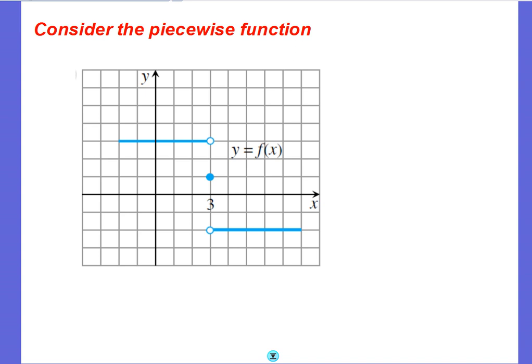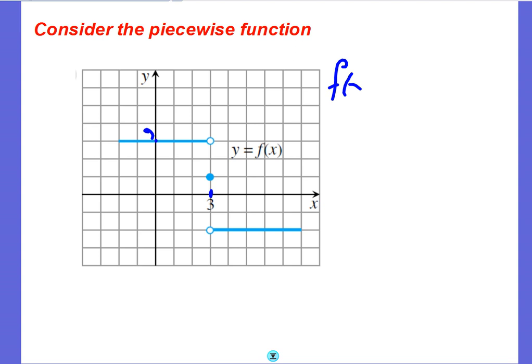Okay, let's consider this function defined piecewise. Can we write down the piecewise function? Certainly. We find here that when x is less than 3, on the left side of 3, our function is 3 as well.